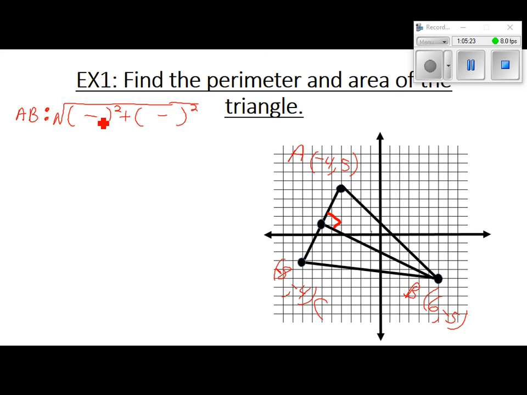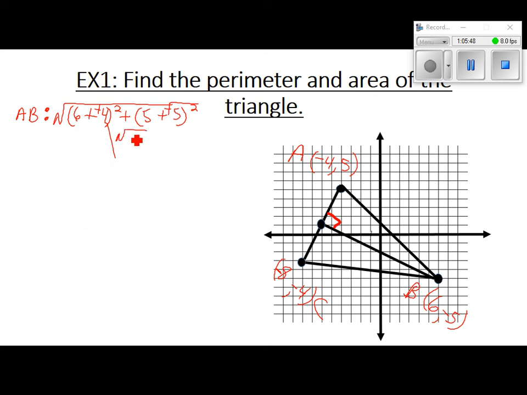For A and B, what are our X's? -4, 6. So let's turn them around to make it a little easier. That's gonna change to plus, right? 6 plus 4. What's our y's? 5 and negative 5, change that to plus. That's 10.